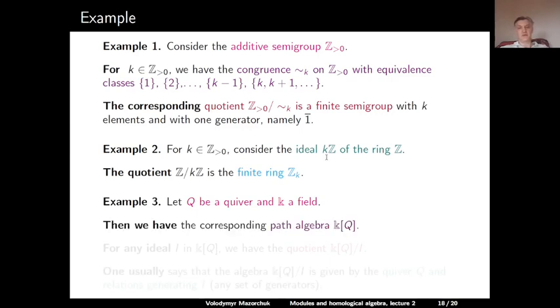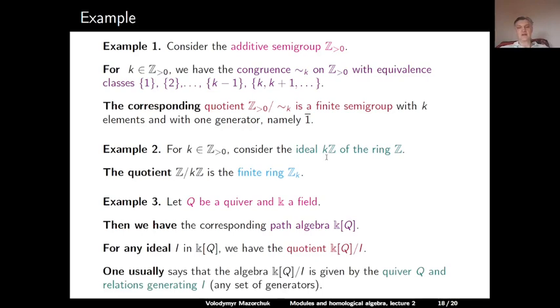Then we have the corresponding path algebra of this quiver Q over K. For any ideal I in this path algebra, we have the corresponding quotient of KQ modulo I. And this is what one usually calls the algebra given by a quiver and relations. So this quotient is given by the quiver Q and any set of relations which generate the ideal I.